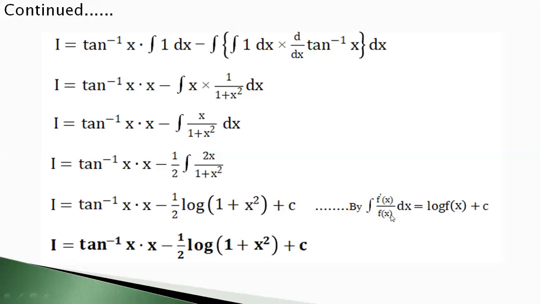Then as per this rule, the integration of this term is equal to log of 1 plus x square plus constant of integration c. That is the last answer. I is equal to tan inverse x into x minus 1/2 log of 1 plus x square plus c. That is the last answer.